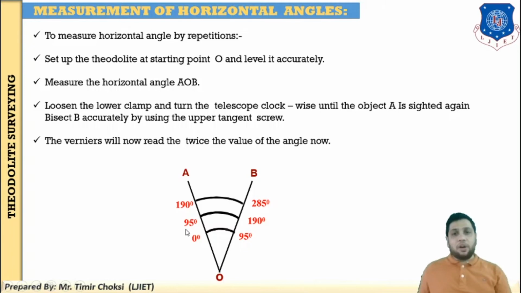Now the initial reading at A is 95. After that, bisect B a second time, so the angle is 190 degree. Similarly, a third time I will measure the angle. The initial reading is 190 degree, and after bisecting B, the angle should be 285 degree.